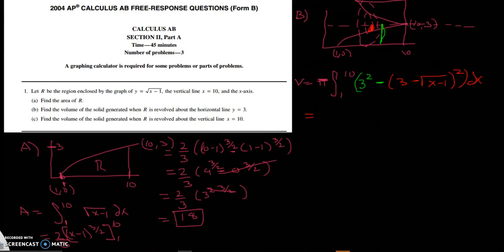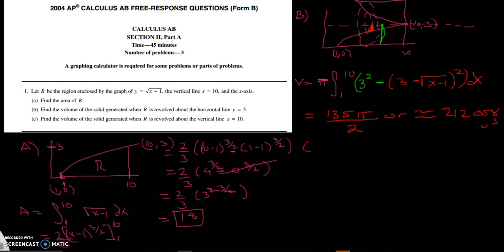I think it's going to take you 15 minutes alone to do that. So your answer would be 135 pi over 2, or approximately 212.058 units cubed, because it is volume.